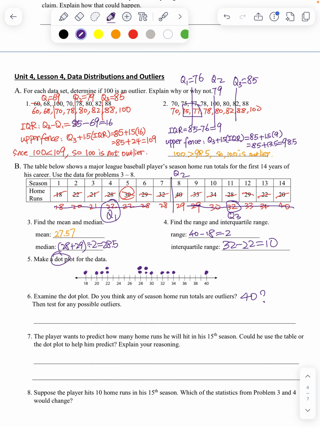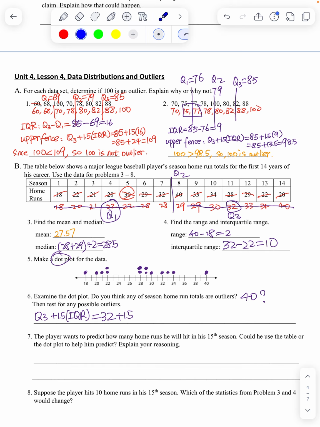Now I'm going to test it. I'm going to use Q3 plus 1.5 times IQR, because 40 is the bigger one. It's the upper side, so I'm going to use the upper fence, right? So the upper fence is Q3. Q3 is 32. 32 plus 1.5 times IQR.